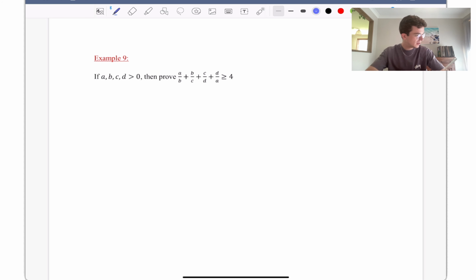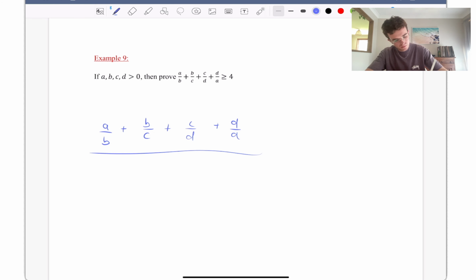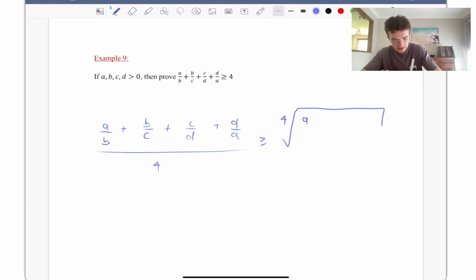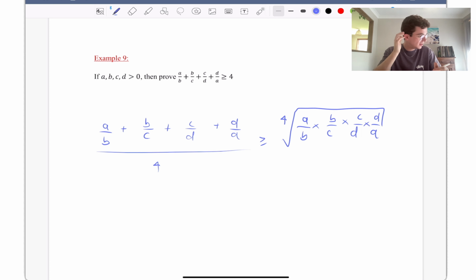So the inequality states that a on b plus b on c plus c on d plus d on a, over 4, is greater than or equal to the 4th root of a on b times b on c times c on d times d on a. I've just substituted all of those things into the inequality.